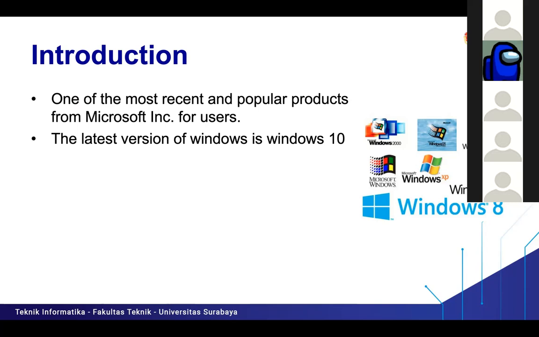Which one of these versions of Windows have you ever tried? Windows XP, Windows Vista, Windows 7, Windows 8, and Windows 10. Okay, which one gave you the best experience, in your opinion?